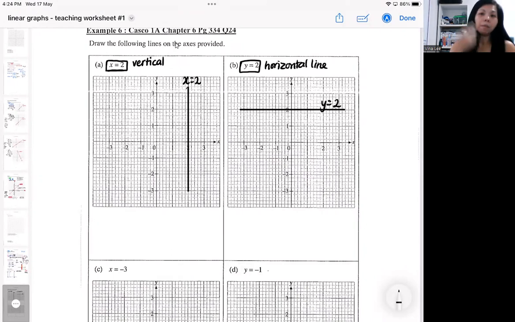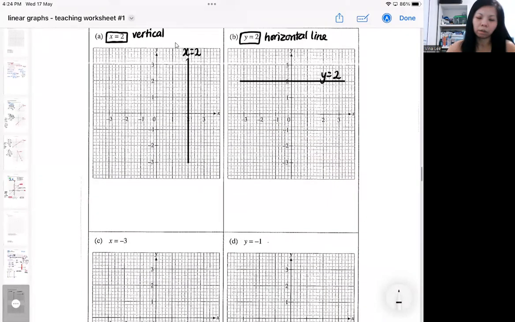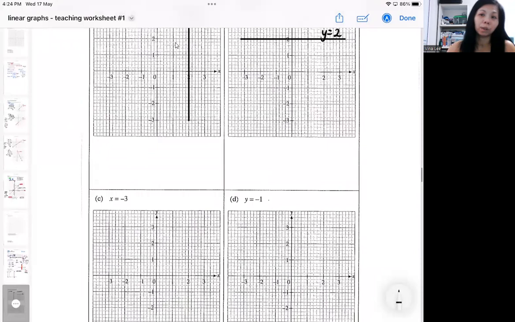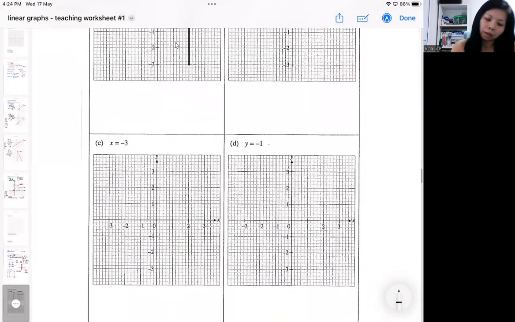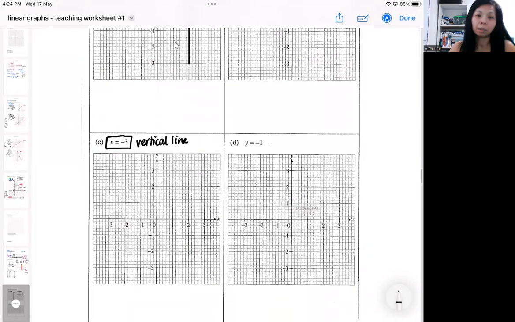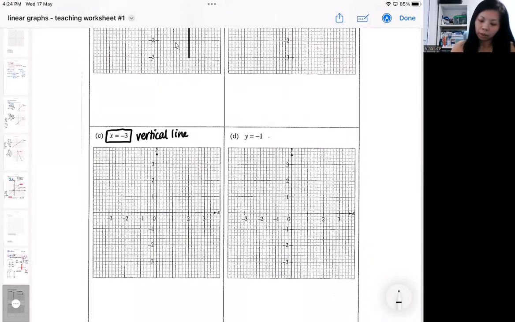So with the name of the line, you have some expectation or awareness in your head. x equal to something, so I'm expecting a vertical line. Based on the name, I can guess the type of line. So it's a vertical line that cuts at -3. Okay, y equal to -1.